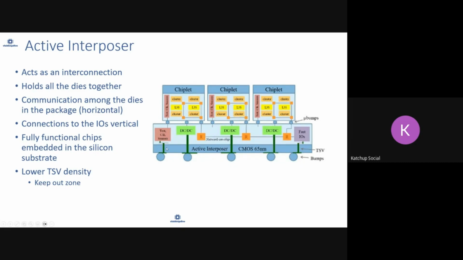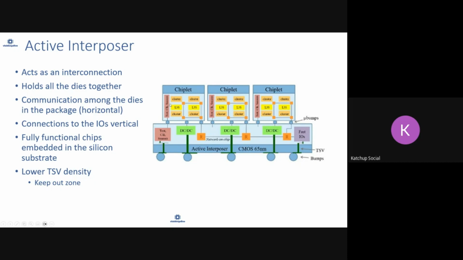So an active interposer can have microelectronic devices, or sometimes fully functional chips, in the silicon substrate itself, and that is when it is known as an active interposer. Because of that, there are some keep out zones. For example, you have this device, so your wire or TSV connectivity has a keep out zone because they can't be too close to each other. That can impact the function of these wires. So your connectivity will not be as dense as in the case of a passive interposer.